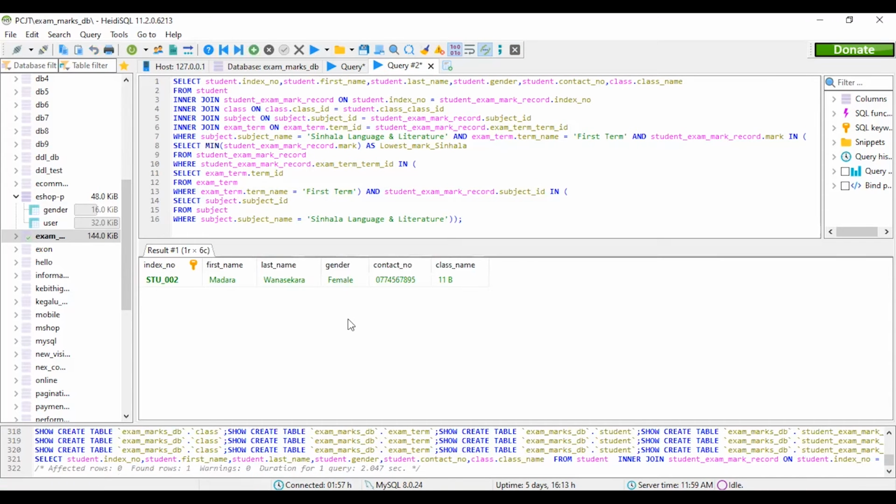So yes, we got the details of the student who got the lowest mark like this. So we have used subqueries and inner joins to get this result like this. Let's move on to the third question.